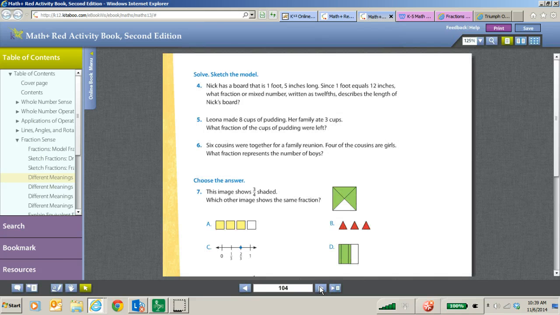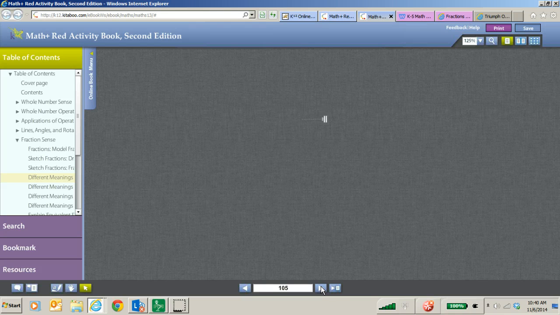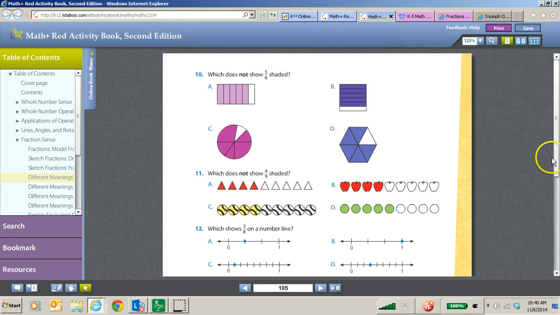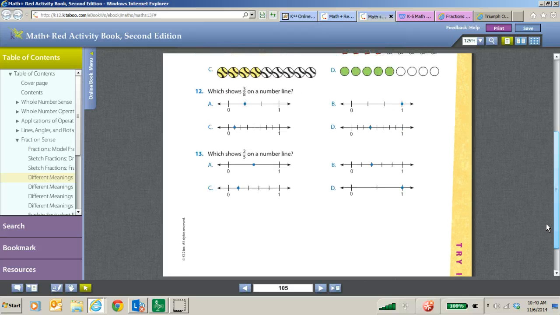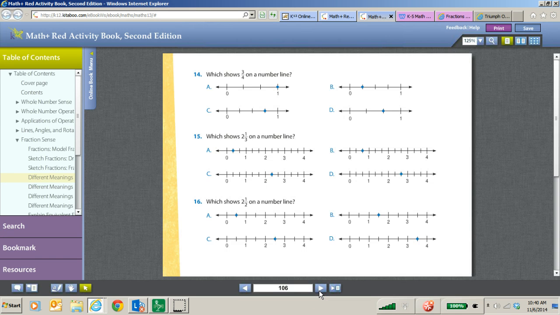Again, this is critical for students to understand that fractions can be represented in many different ways, and just understanding what a fraction is. This unit is a big component of the standards, and in fact when students get to 5th grade, on the Georgia Milestones, 30% of that test will deal with fractions and computation. So we want students to really understand what it means to represent a fraction and understand a fraction, especially before we start computing with them.